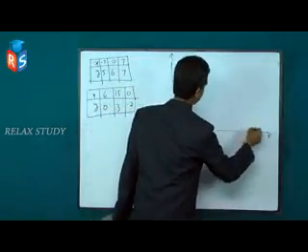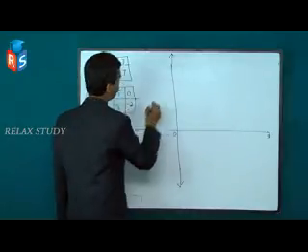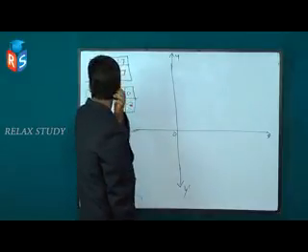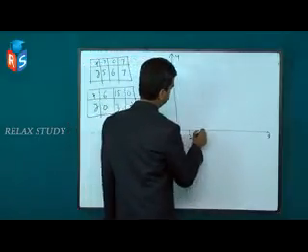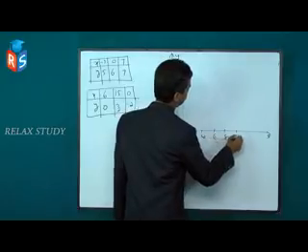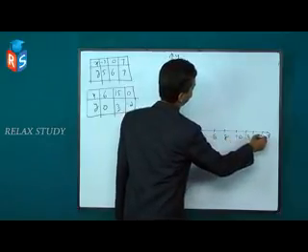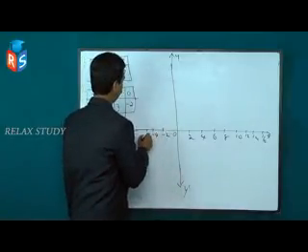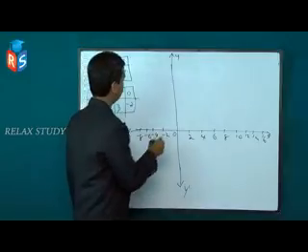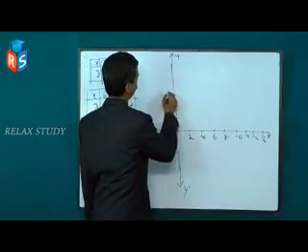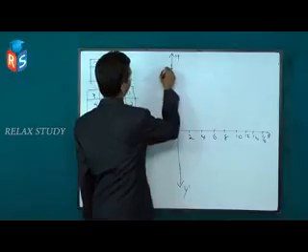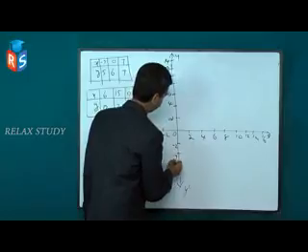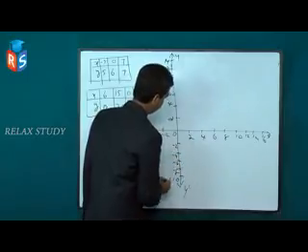This is the x-axis, x dash. This is the y-axis. Here the negative side y dash. I am taking the maximum value of x as 15. Taking 2, 4, 6, 8, 10, 12, 14, 16 like that. On the minus side also minus 2, minus 4, minus 6, minus 8 like that. Then on the y-axis also 2, 4, 6, 8, 10, 12, 14, and minus 2, minus 4, minus 6, minus 8, minus 10.